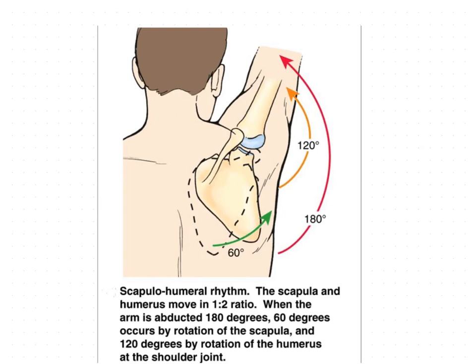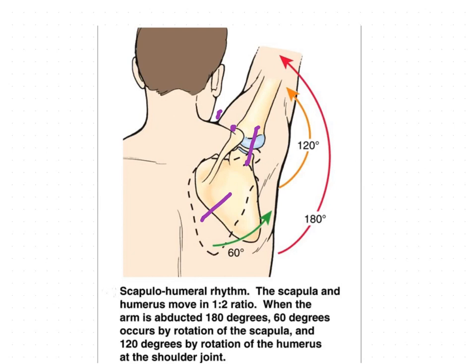This scapulohumeral rhythm includes the scapulothoracic and glenohumeral contributions, and the acromioclavicular and sternoclavicular contributions. All these four form the scapulohumeral rhythm.